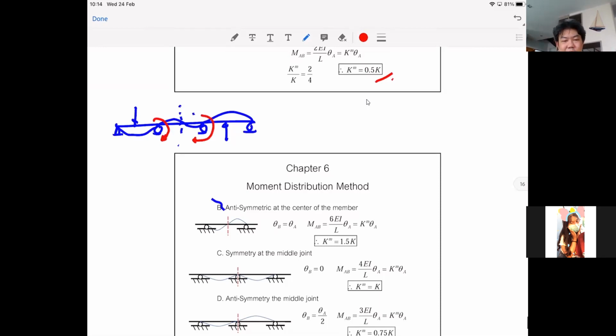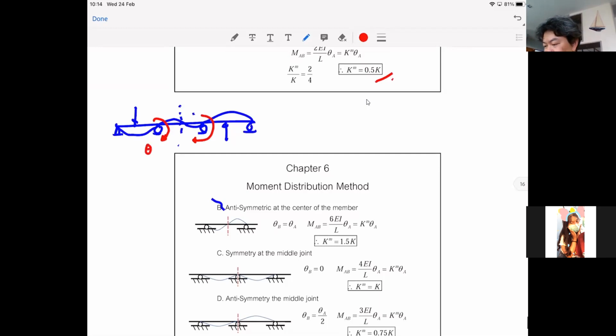So if you go back to slope deflection and try to utilize the symmetry and you use the wrong value, let's say you say theta c is equal to theta b, it is completely off the correct behavior if it's anti-symmetric.